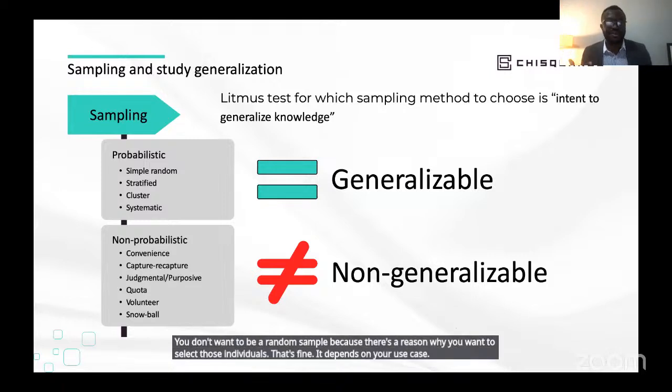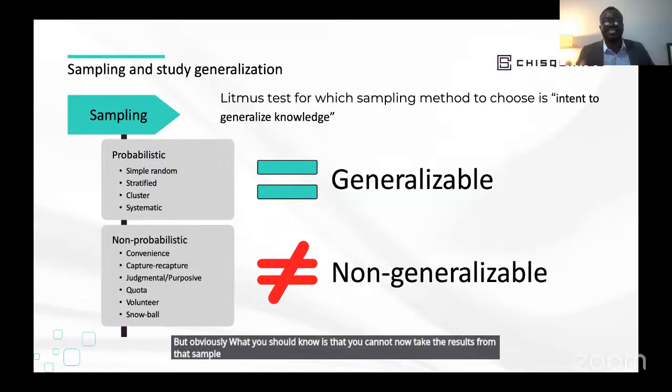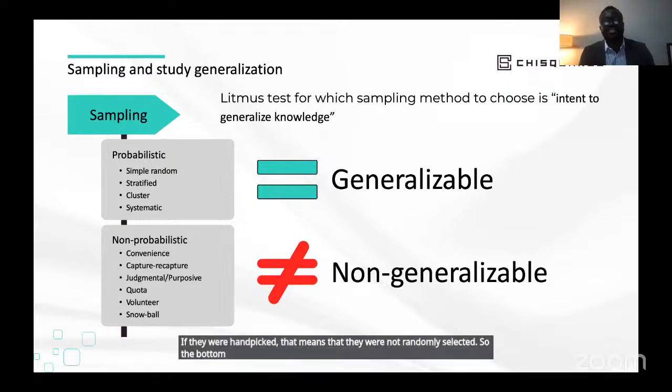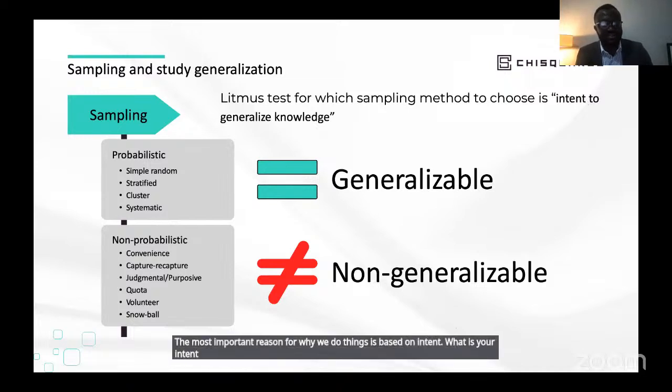But obviously, you cannot take the results from that sample and say this applies to all teachers in the state, because those people were handpicked. If they were handpicked, they were not randomly selected. The bottom line is that you should be able to select whatever you want to do, and you should be able to defend it, because at the end of the day, the most important reason for why we do things is intent. What is your intent? Nobody can answer that question for you except yourself.